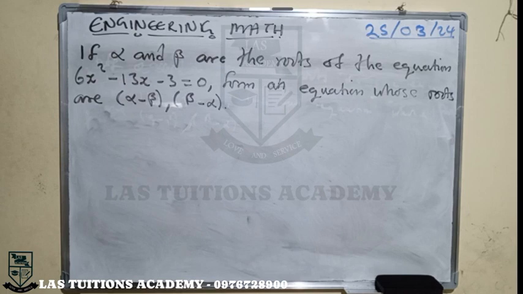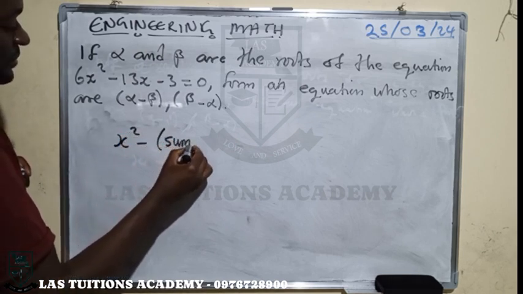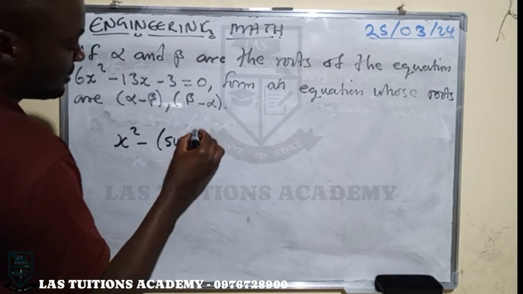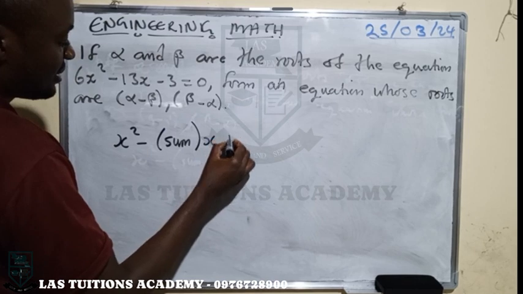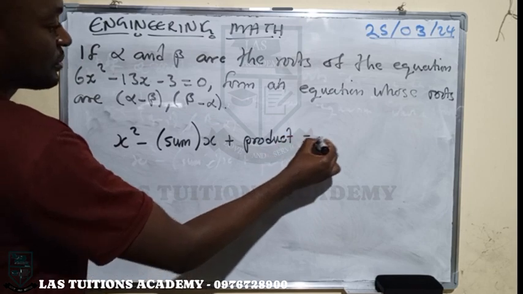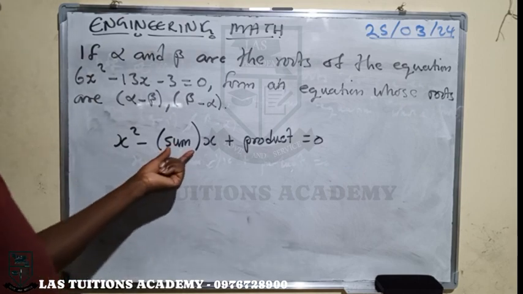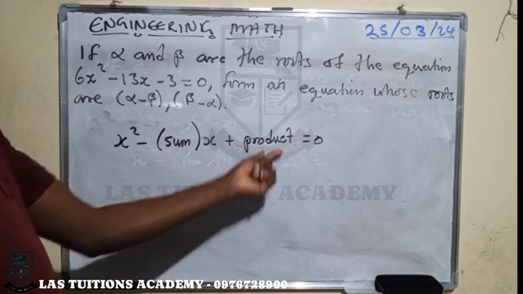The general formula is simply x squared minus sum of the roots times x plus product of the roots, then is equal to 0. That's the general formula of any equation you're asked to form. So you need to know what the sum of the roots is, what the product of the roots is, then you replace there, then you have your equation done.